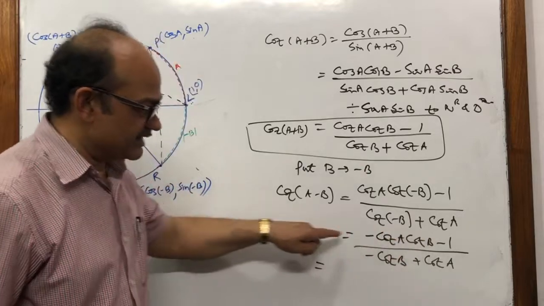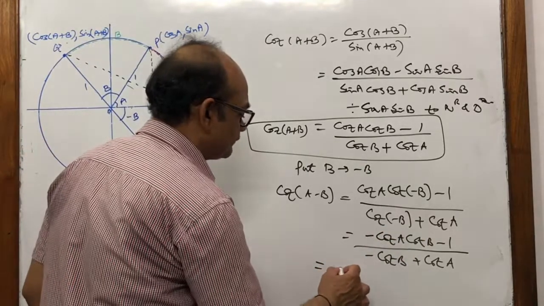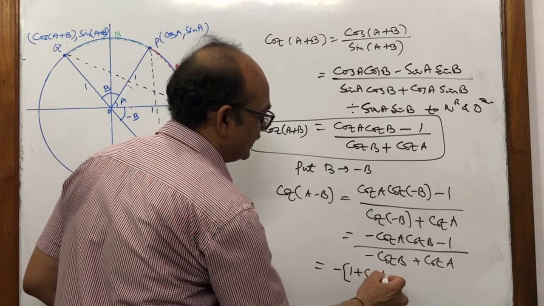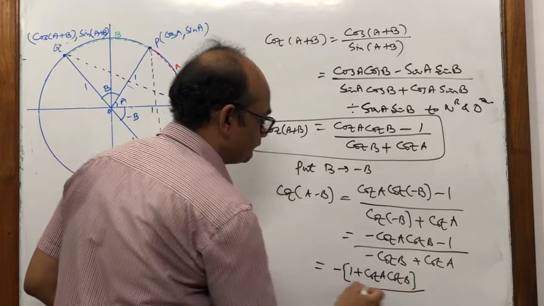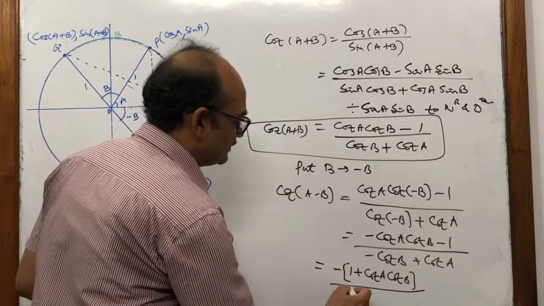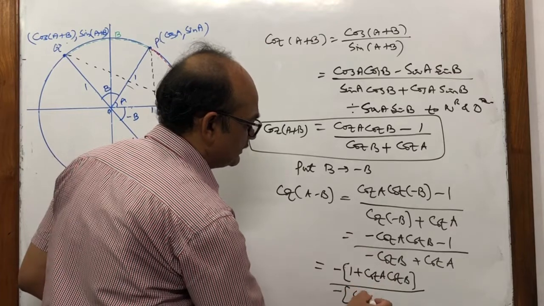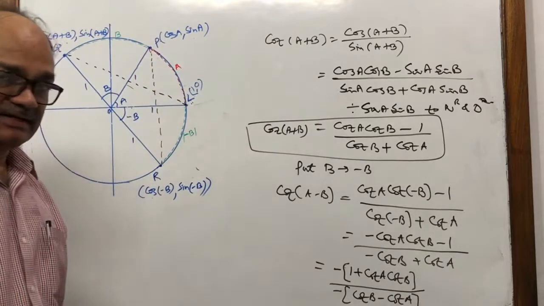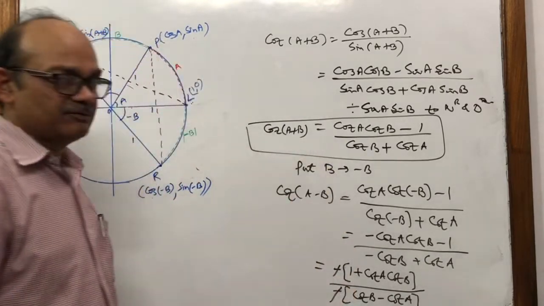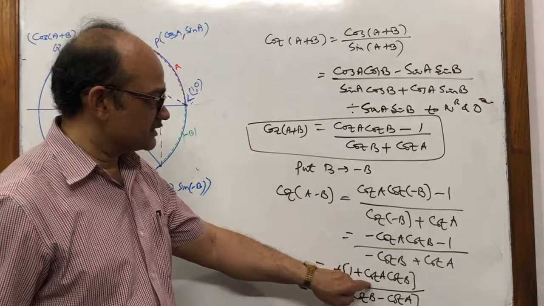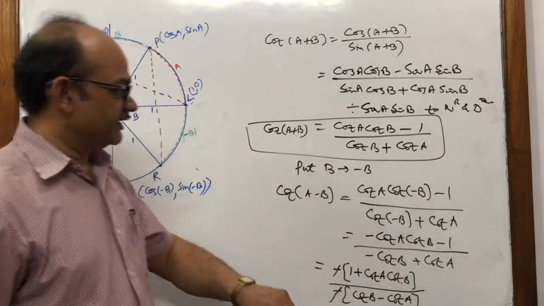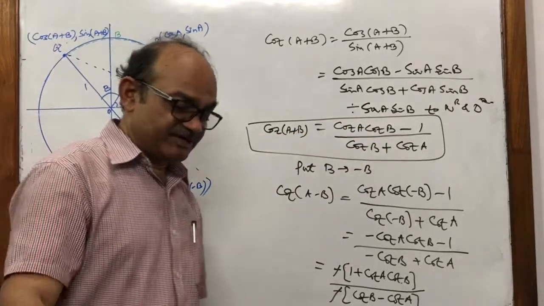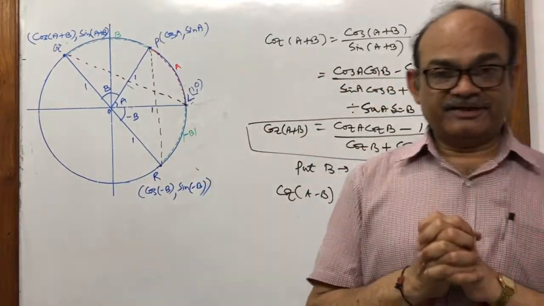If we take minus common, we are getting 1 plus cot A cot B, and here if we take minus common, it is cot B minus cot A. Clear? This minus and minus cancel out. So the formula is 1 plus cot A cot B divided by cot B minus cot A. But here it is cot A cot B minus 1, cot B plus cot A. Clear? So in this way we have derived all the addition formulae.